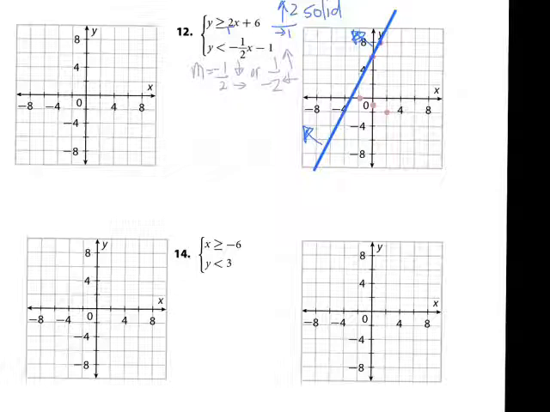So now I have 3 points, and I'm going to connect those 3 points with a line. And since this is a less than, but not a less than or equal to, this is a dotted line. So I need to make a dotted line, which I will. And I'm going to connect them.